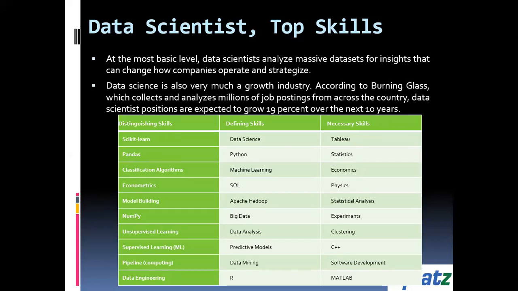At the most basic level, data scientists analyze massive data sets for insights that can change how companies operate and strategize. The terms data scientist and data science are relatively new, first appearing a little over a decade ago, at the time big data emerged into the mainstream as a buzzword.